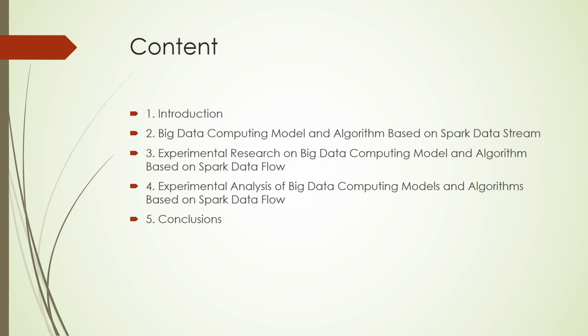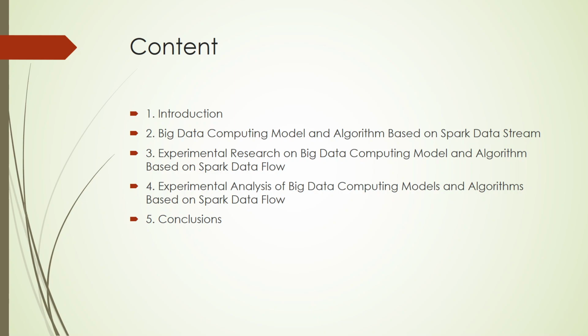This article introduces the data storage system, resource scheduler, and Spark distributed operating platform, and successfully runs the improved algorithm in parallel on the Spark platform and obtains good experimental results.